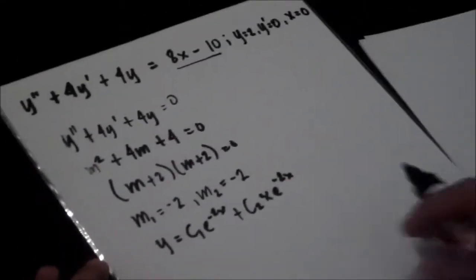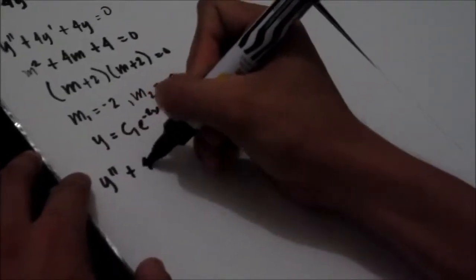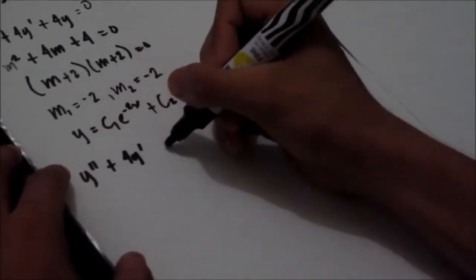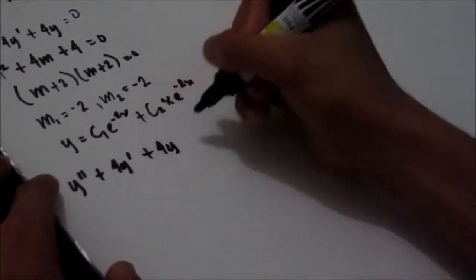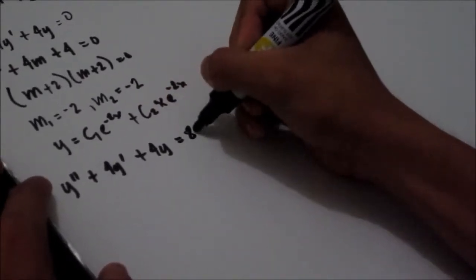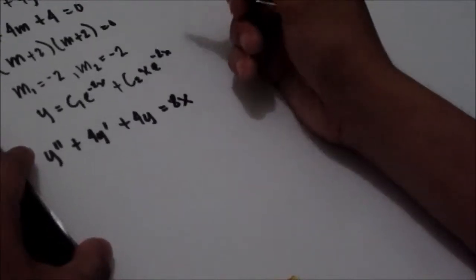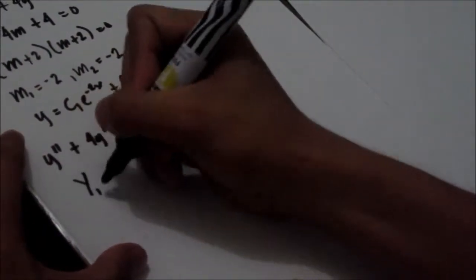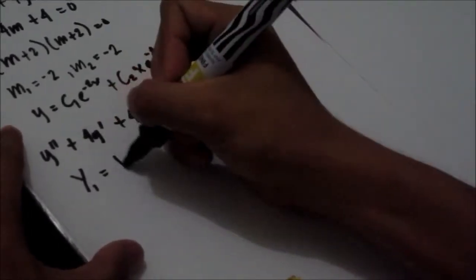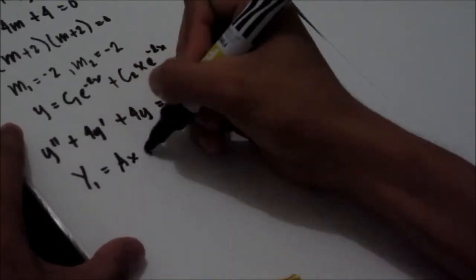So having the equation y'' + 4y' + 4y = 8x, we can let y1 = ax + b.